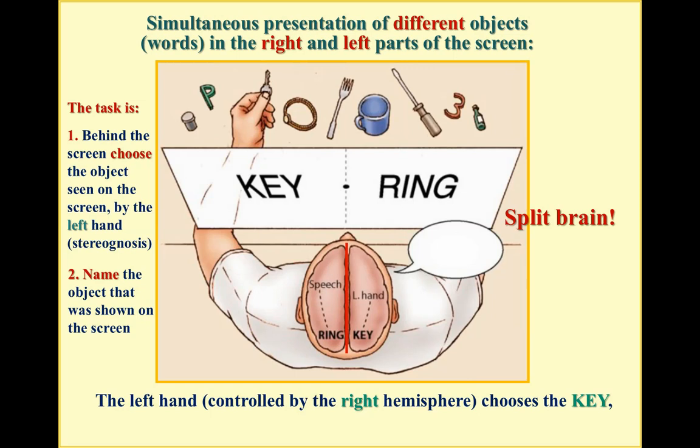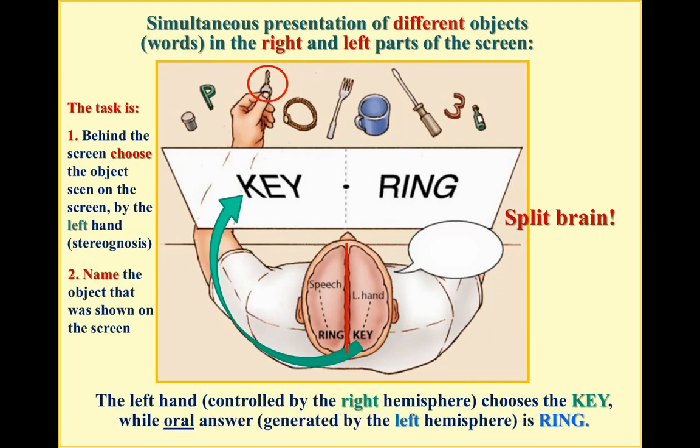But when he is asked which object he has seen, the oral answer that comes from the left hemisphere, from Broca's center, is that he saw a ring.